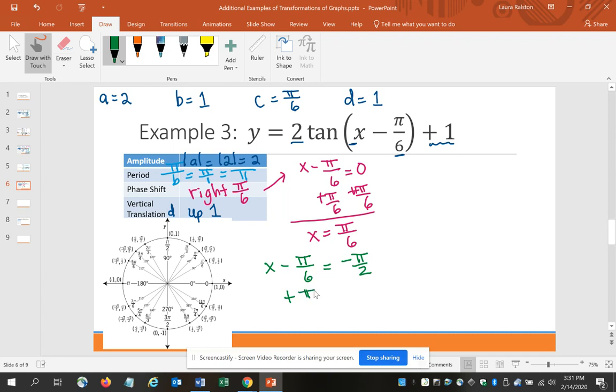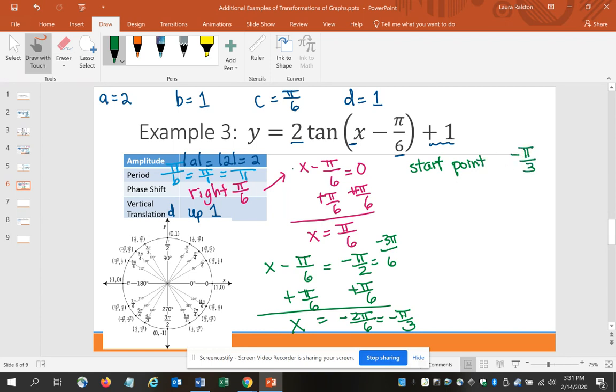So we say plus pi sixth on both sides. Now remember, you got to have a common denominator here. Negative pi halves would be negative 3 pi sixths plus 1 pi sixth is negative 2 pi sixths or negative pi thirds. So in this case, it's a little bit different. My start point is different, but my start point is going to be negative pi thirds.